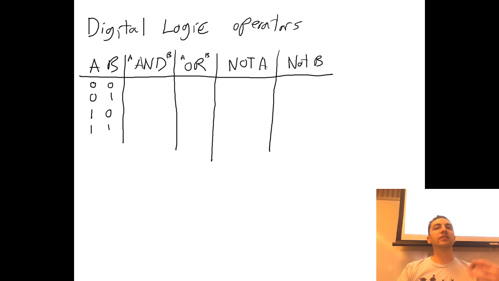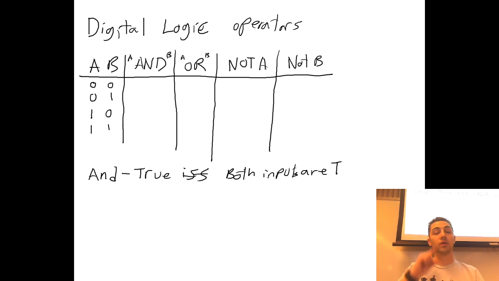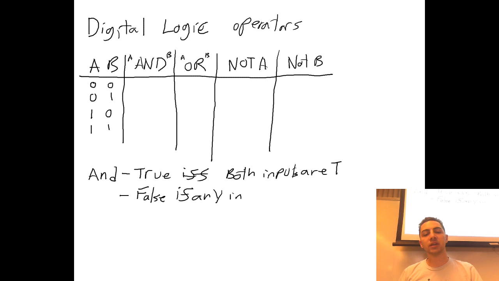And here's how we define these logical operators. AND is true if and only if both inputs are true. Okay, another way of thinking about the AND function is false if any input is false.